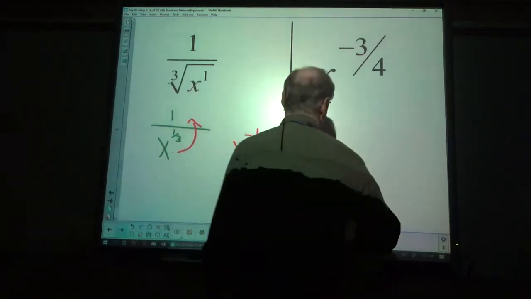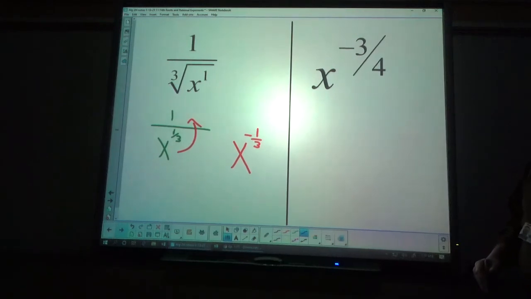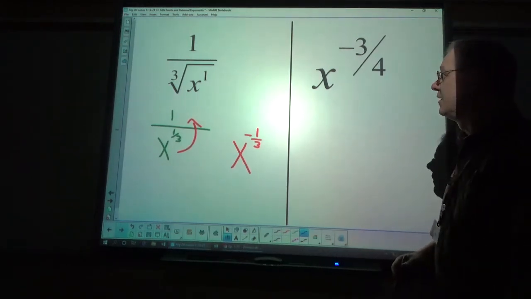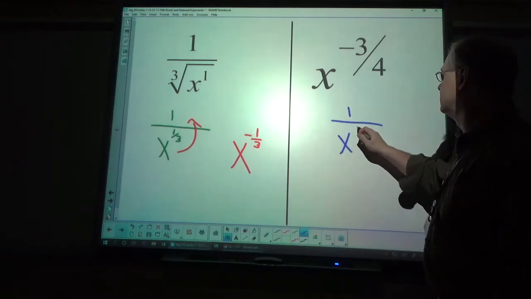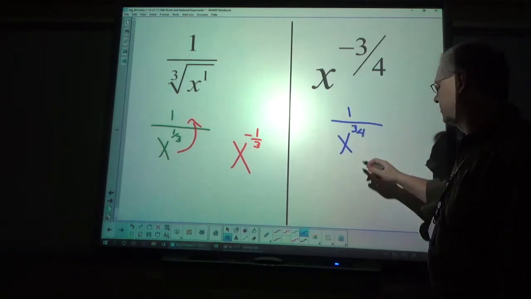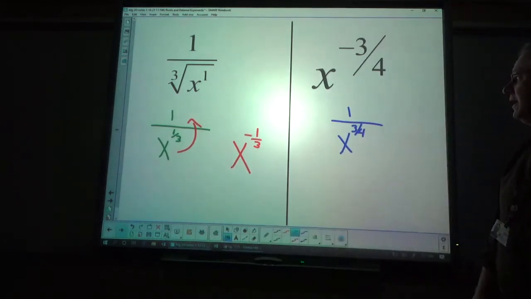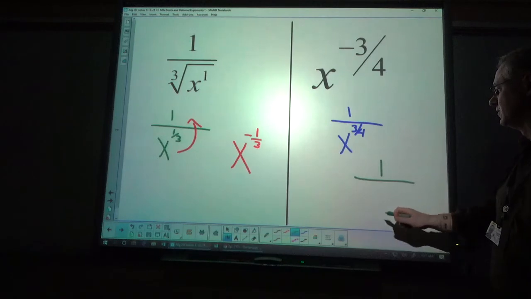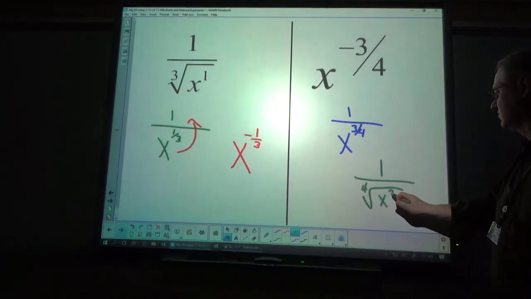Now, if I start with a variable to a negative power and I want to rewrite it as a radical, I'm going to say 1 over x to the positive 3/4 power. Oops. And then I will go ahead and say 1 over the 4th root of x to the 3rd.